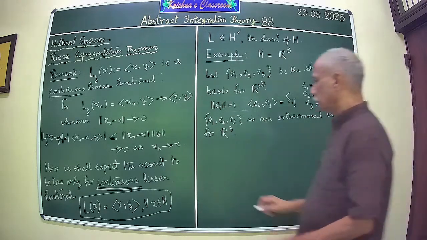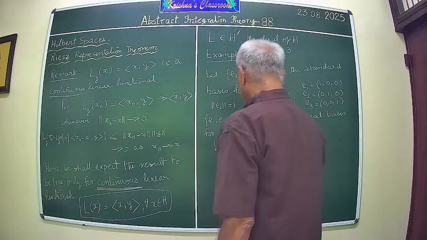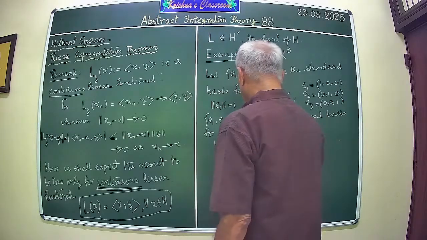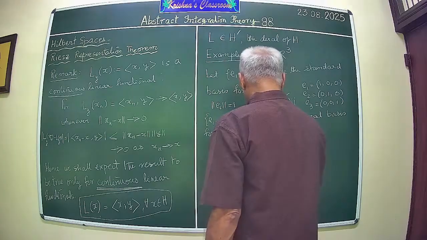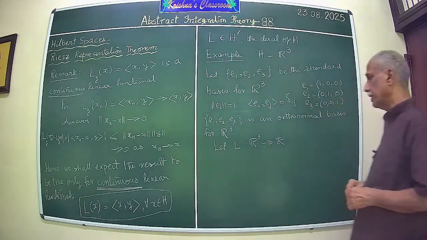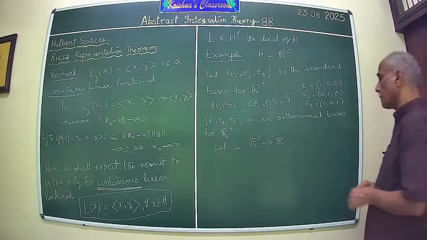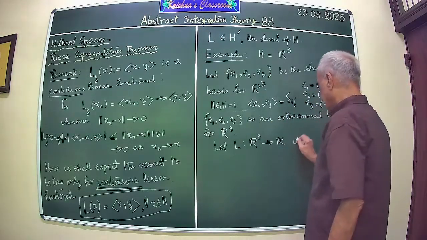Now let L denote a map from R3 to R, where R is the field associated with R3, which is linear.